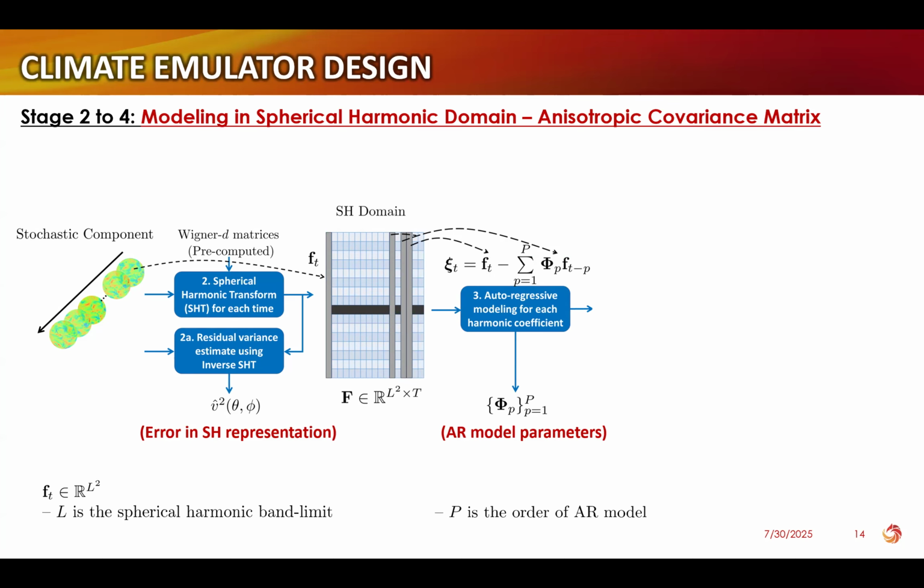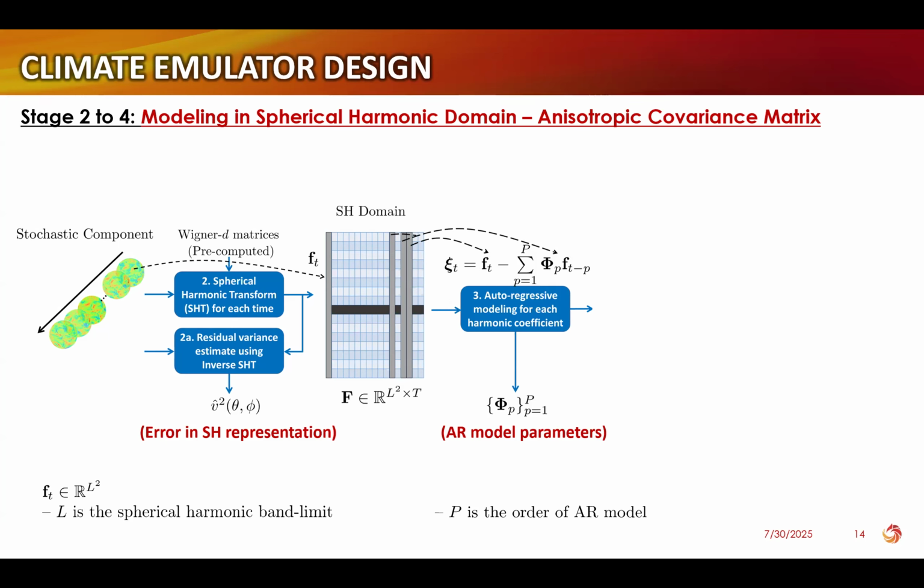The next step is, for each spatial location, or for each bandwidth, we model the temporal variations with a simple autoregressive process. FT is the input, and we remove this autoregressive part, and what we obtain is the temporally demeaned component psi t.